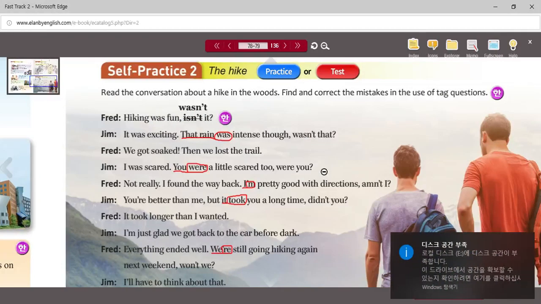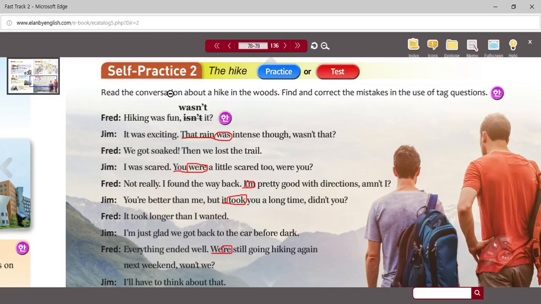All right, so in each of these examples, we were able to find out where the tags were.